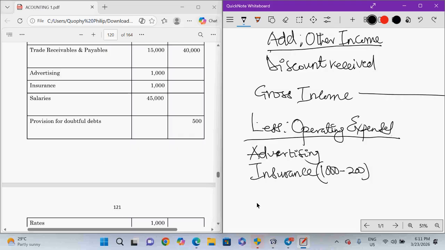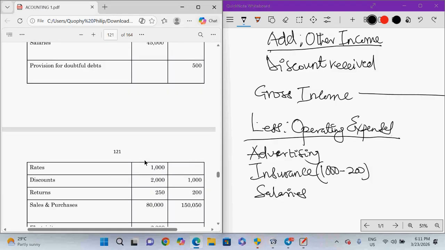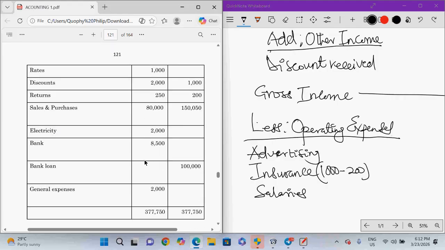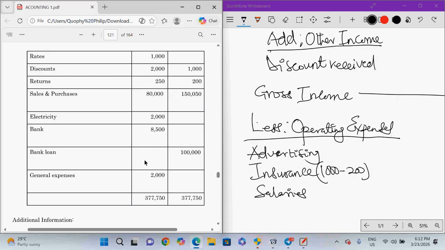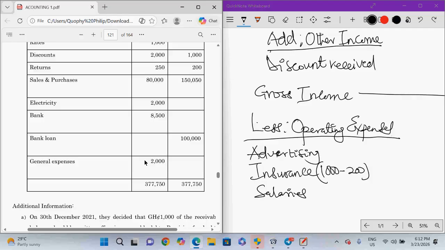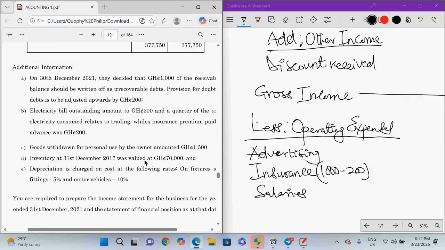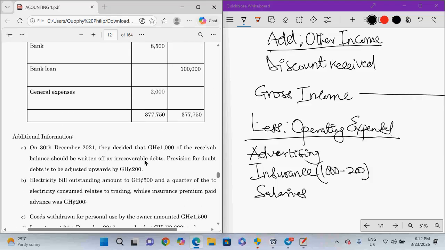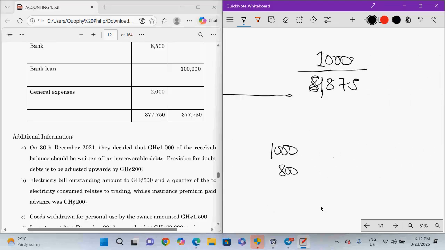What else? Salaries. Salaries are 45,000. Any information on salaries? No information. Okay. So salary is 45,000.